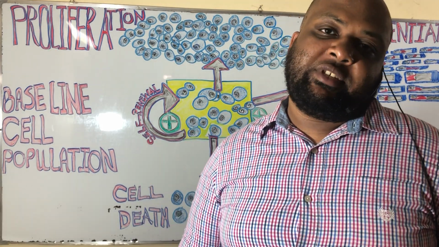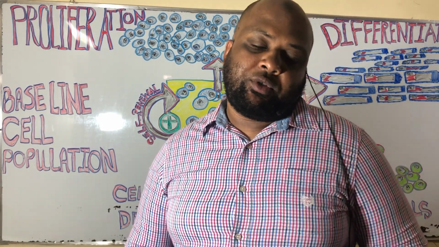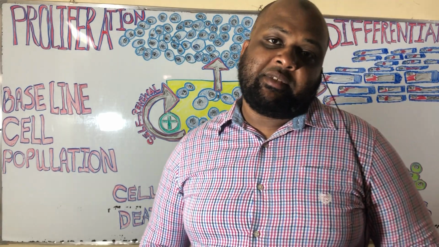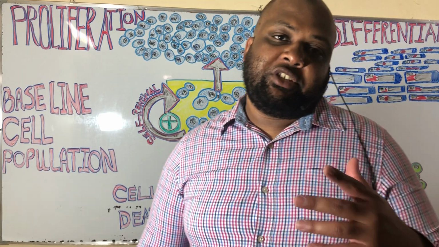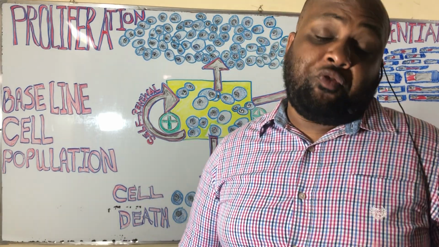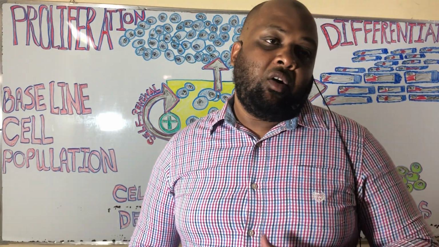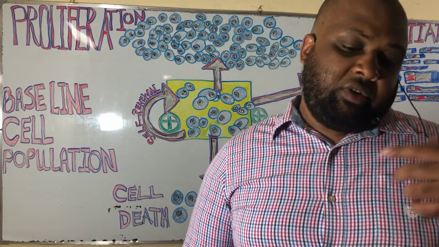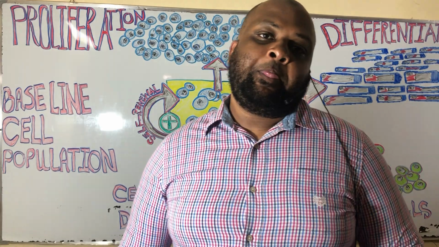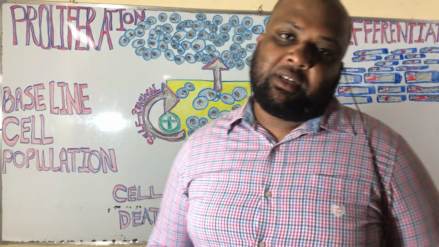However, totipotent stem cells, like the zygote, these embryonic stem cells, have a very high potential to differentiate into very different cells of different origins, like pancreatic cells or liver cells or cardiac myocytes. So thank you very much, and we'll see you in the next video.